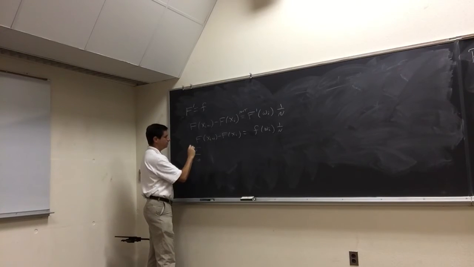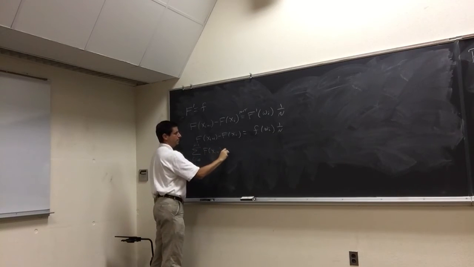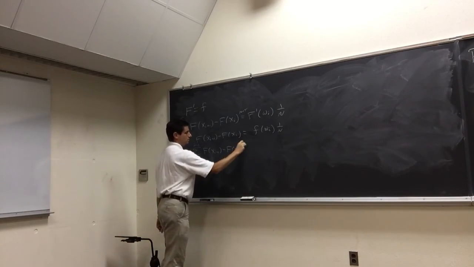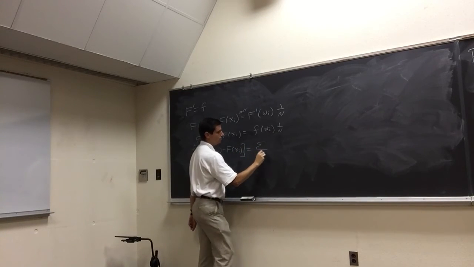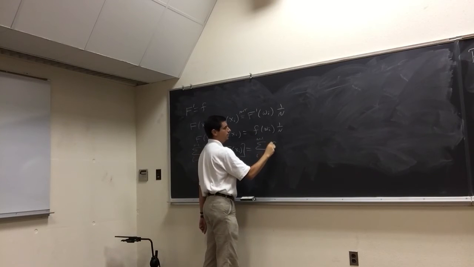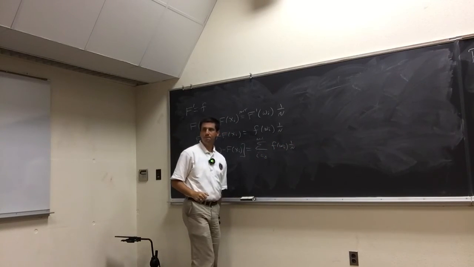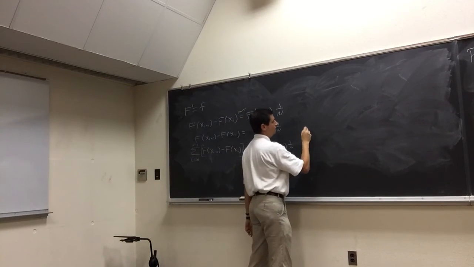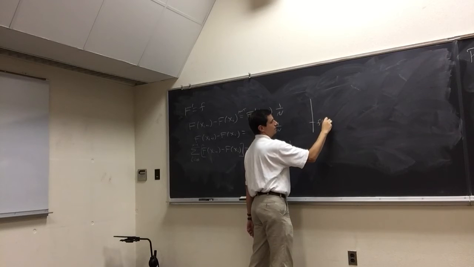Okay, so now I sum both sides. Sum i goes from 0 to n minus 1 of F of x_{i+1} minus F of x_i is equal to the sum i goes from 0 to n minus 1 of f of w_i times 1 over n. But let's think of what's going on. Here is f of l_i.